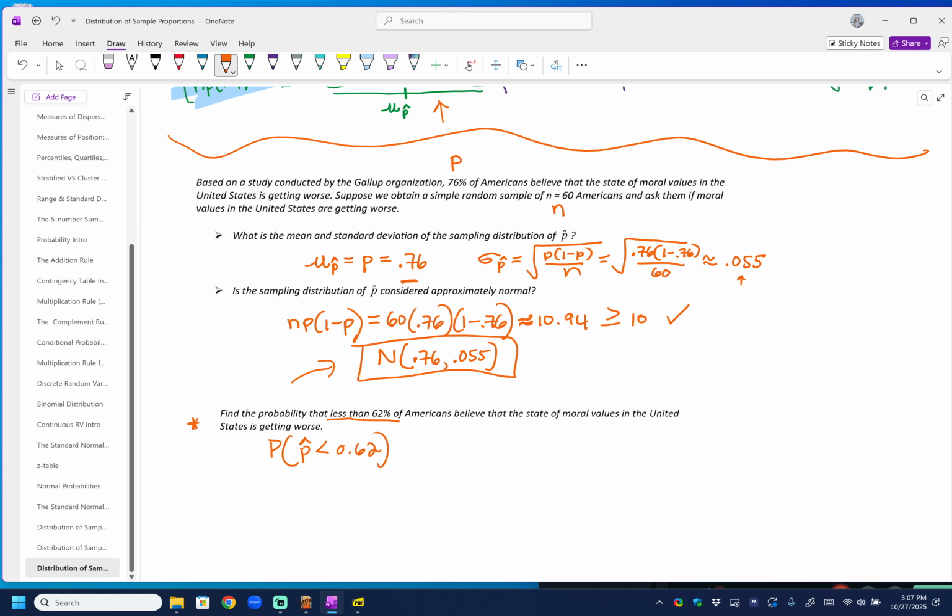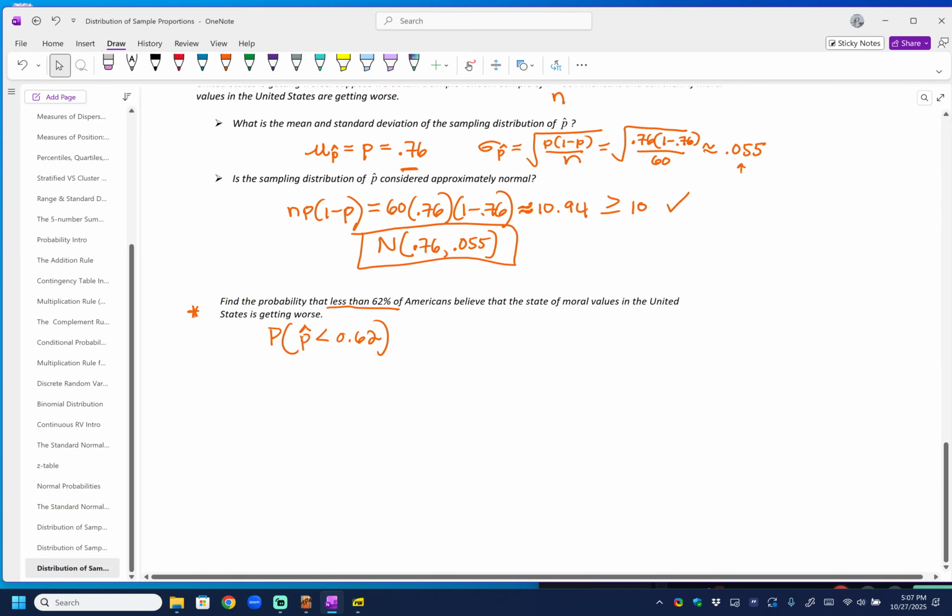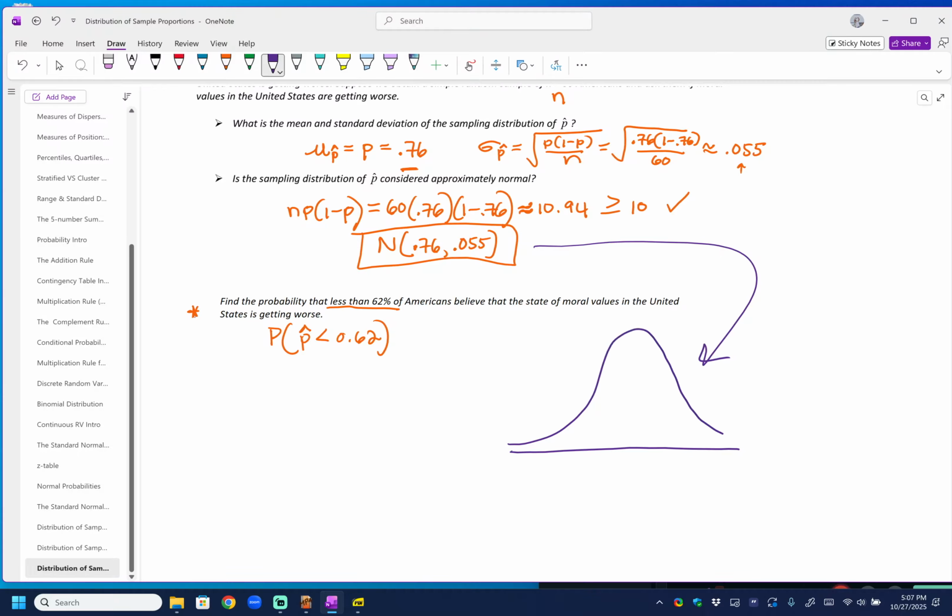Before we get into actually finding the probability, let's just take a look at this distribution. Remember, this is called the sampling distribution of the sample proportion. We know that it is normal with a mean of 0.76, which means in the middle here, 0.76 will be the mean. And we know that the standard deviation is about 0.055.